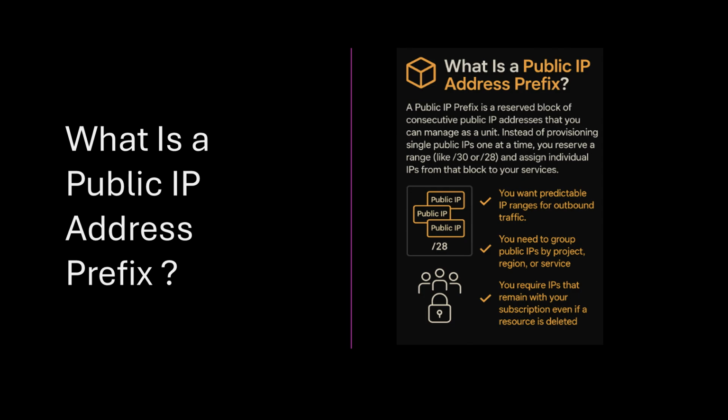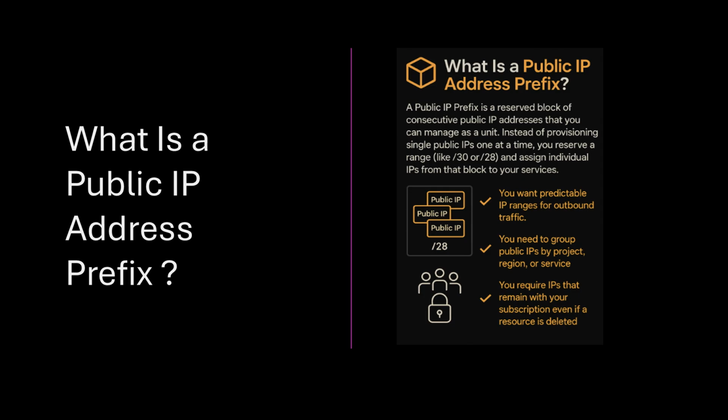For best results, make sure you use static allocation for all your production workloads to avoid unexpected IP changes. Choose the Standard SKU for your public IPs to take advantage of zone redundancy and enhanced security. If you need several public IPs, like for APIs, gateways, or backend services, go ahead and reserve a public IP prefix.